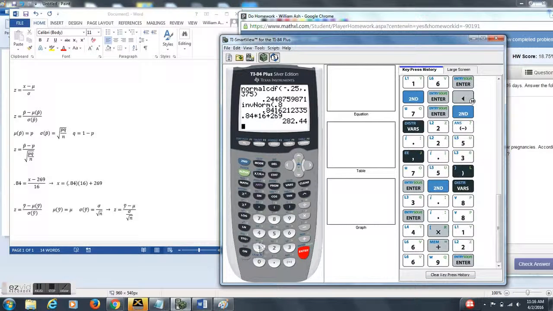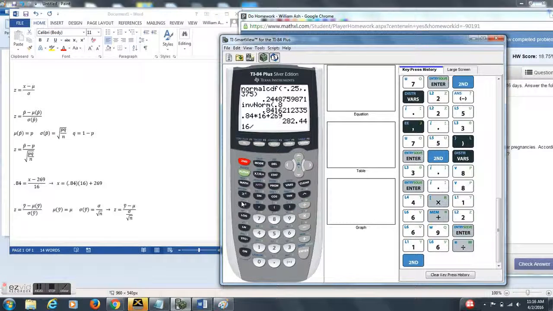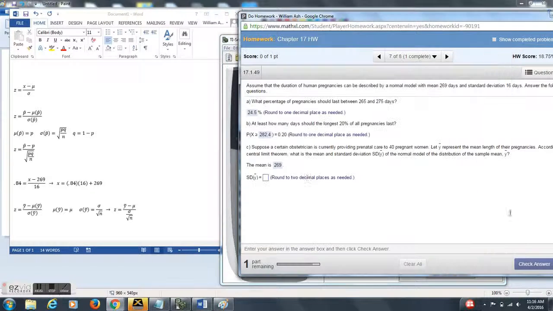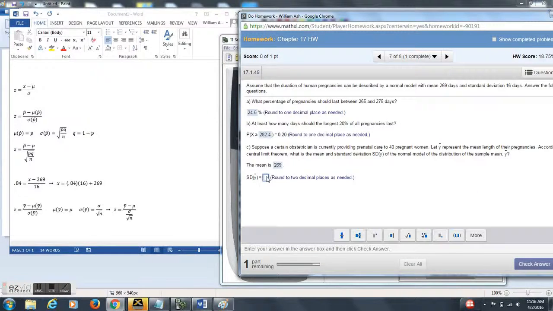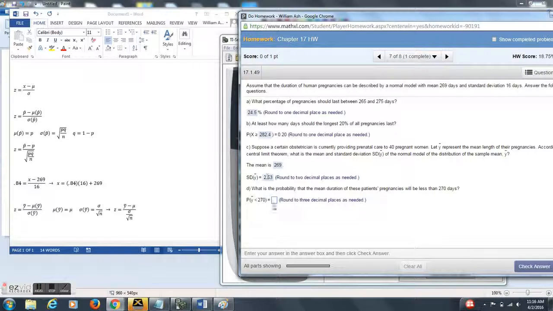That's 2.53. Then we want to get the probability that it's more than 270.